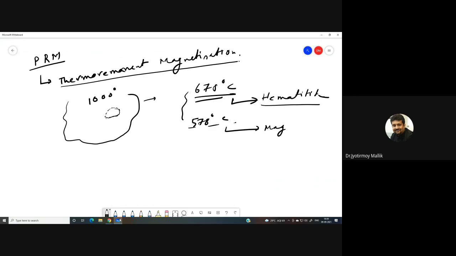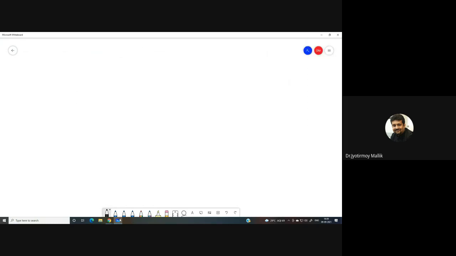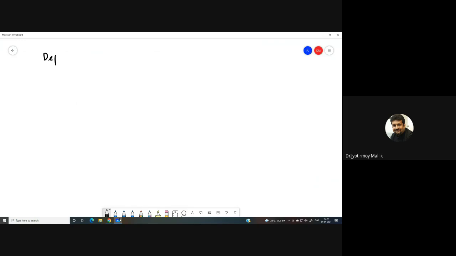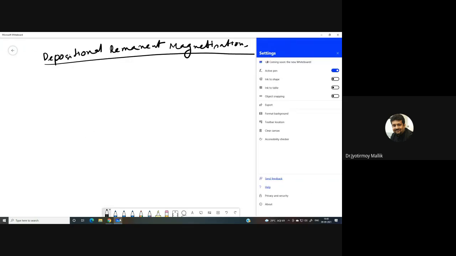Similarly, we can talk about sedimentary rock, and for sedimentary rock, this is what we call depositional remnant magnetization.